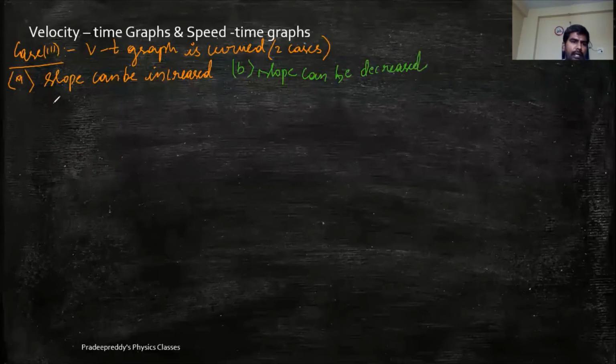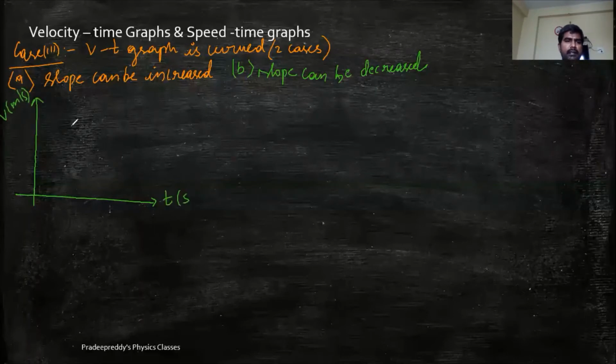If you plot the graph, you will get like this. Increase in the slope can be seen. This is velocity in meter per second and time in second. So increase in the slope, if you plot, you will get a graph like this.